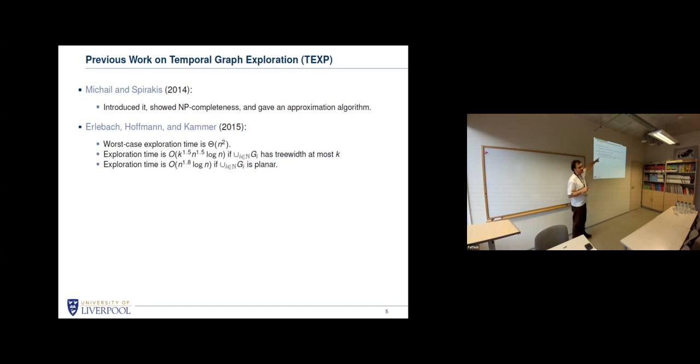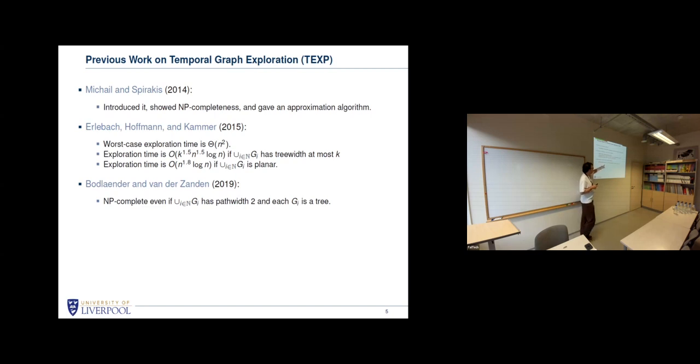What's more, this is actually tight, so there is a temporal graph that takes this many steps. They also looked at exploration where you put some restriction on the underlying graph, namely the treewidth or the excluded minor. And then we have a very restrictive NP-completeness result. I mention this because it's similar to our case: even if each snapshot is a tree, it's still NP-complete to decide the length of the shortest temporal exploring walk.